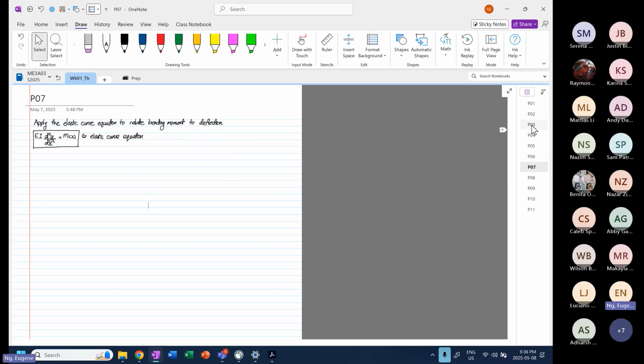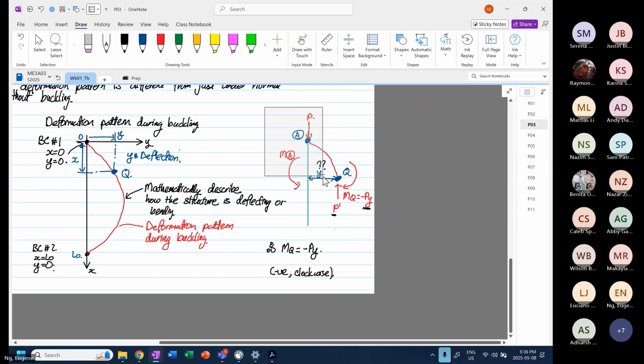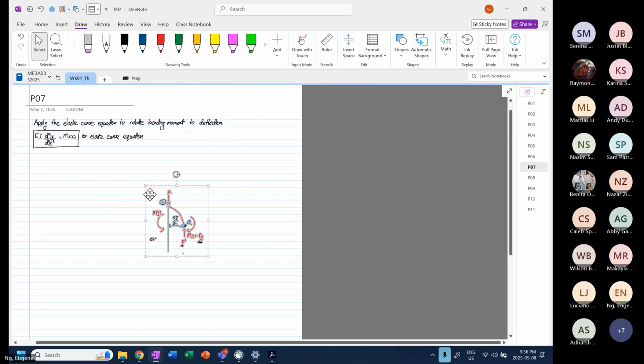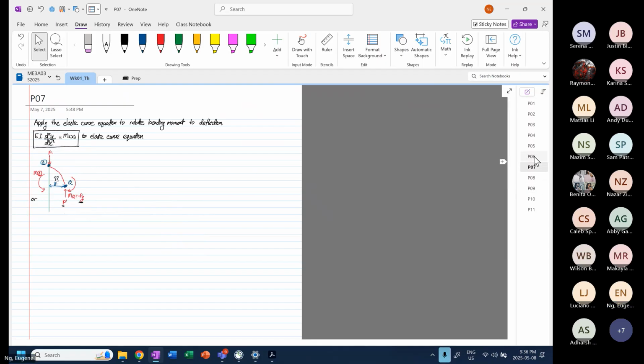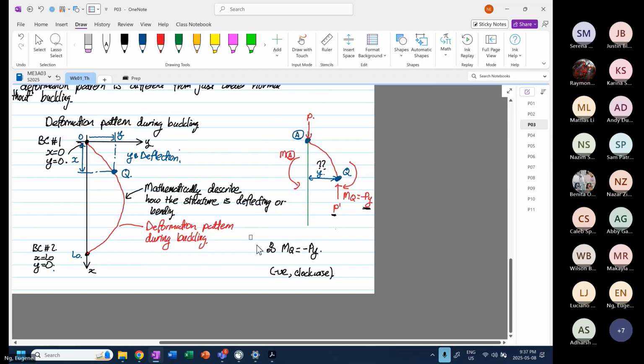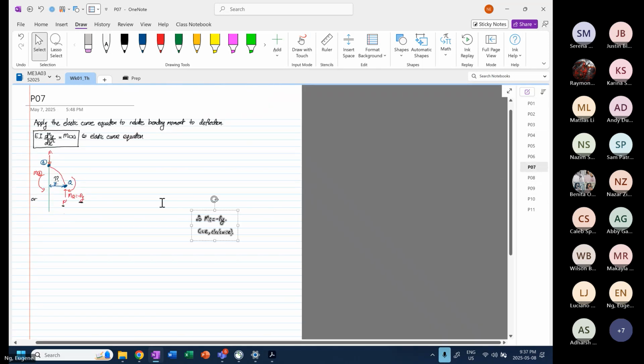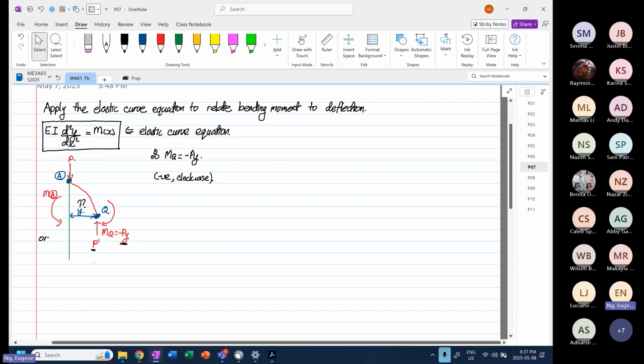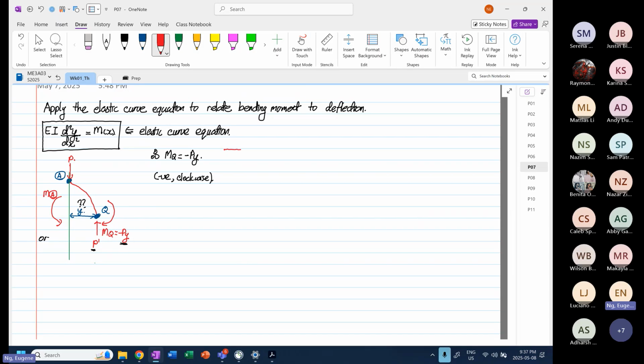And then I'm also going to get this diagram back, and we are going to have this equation. From here, we're going to start from here again.